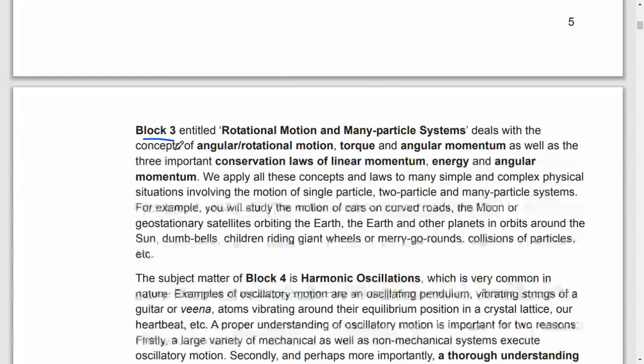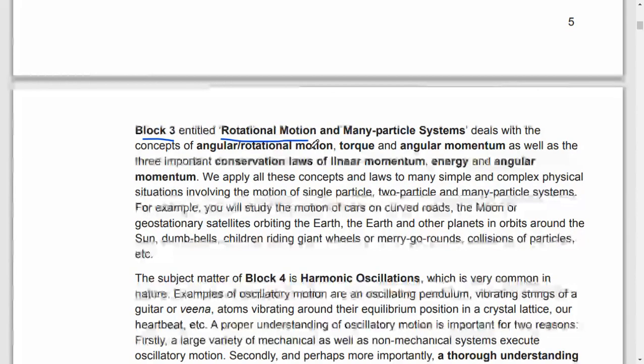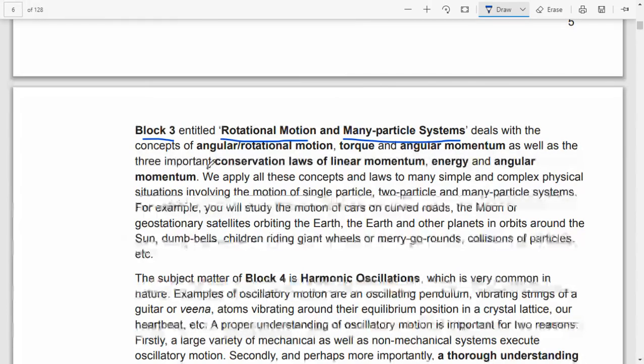Block 3, entitled Rotational Motions and Many Particle Systems, deals with the concepts of angular or rotational motions, torque, and angular momentum, as well as the three important conservation laws of linear momentum, energy, and angular momentum.